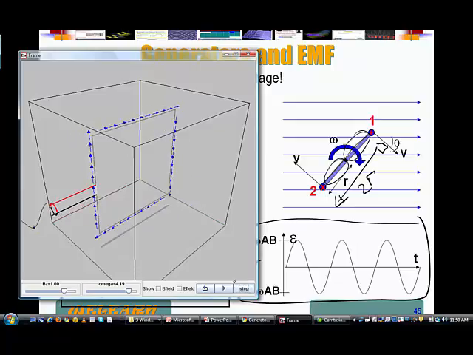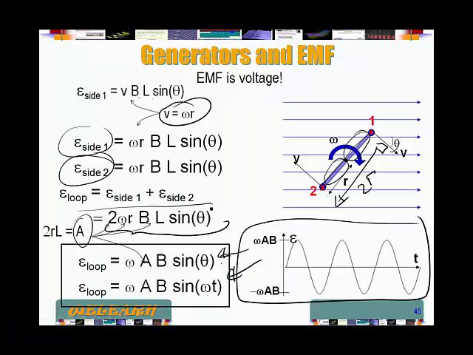We have a maximum EMF when B is parallel to the area. Okay? Remember what the angle is. The angle is between the side here. This is your loop. It's the angle between here and B.